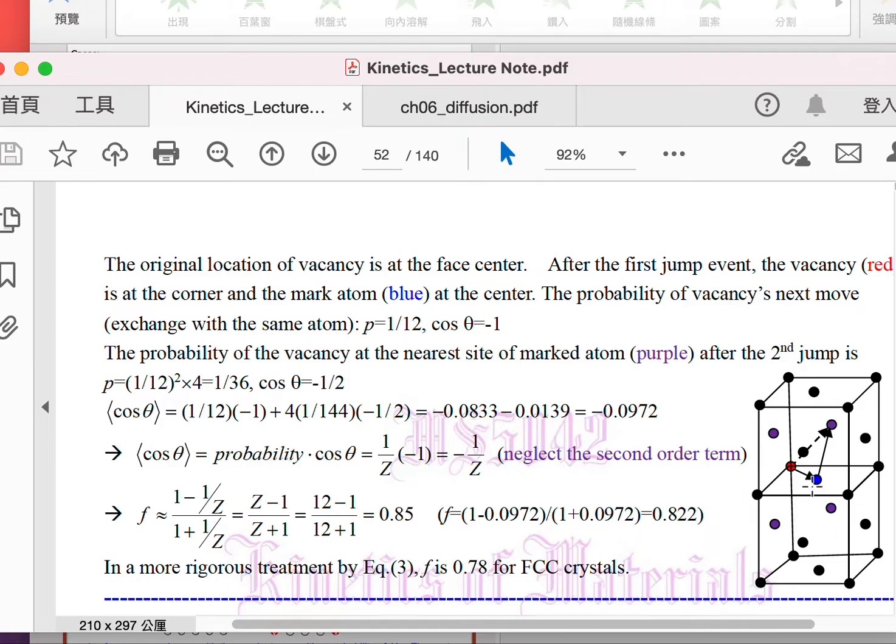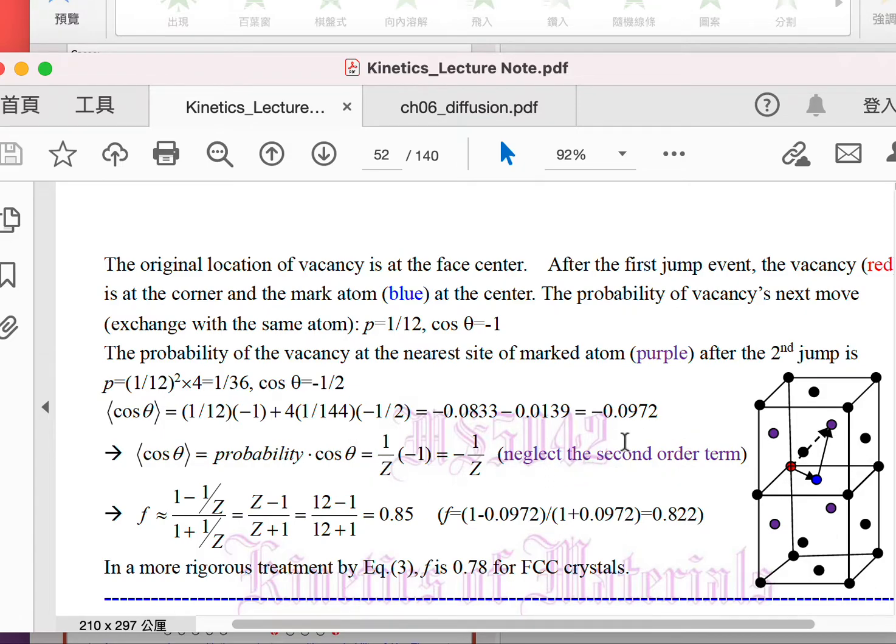Yes, it is, but the probability for jumping here and jumping back will be very small. For this FCC case, z is 12, so it is 1 over 12, and take the square. And you also get the number of this kind of jump, but this term is actually very small compared to 1 over 12.